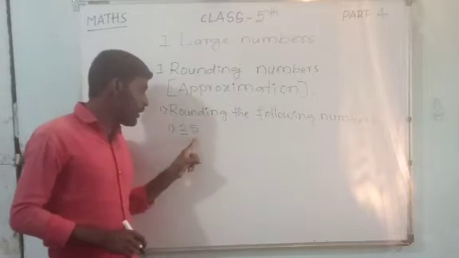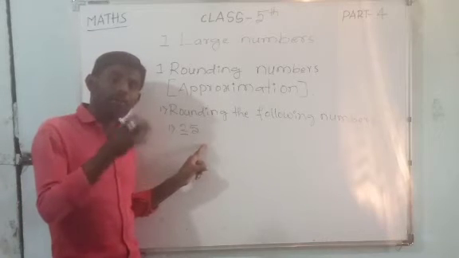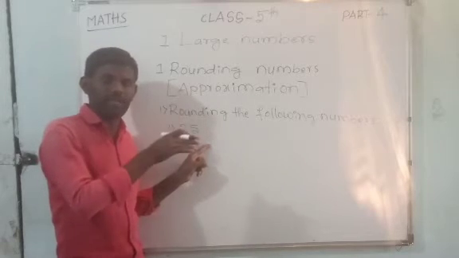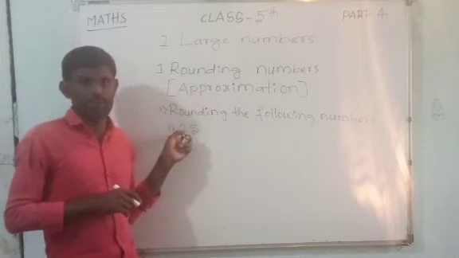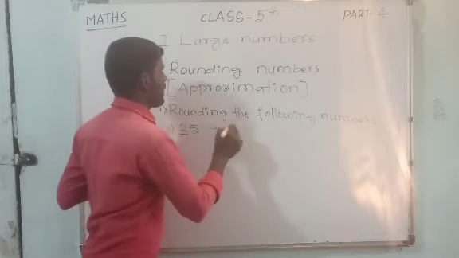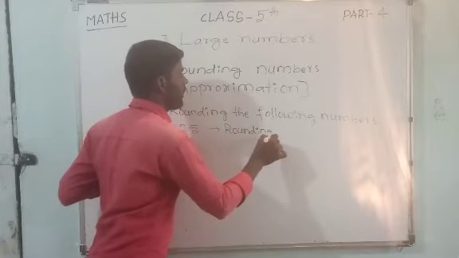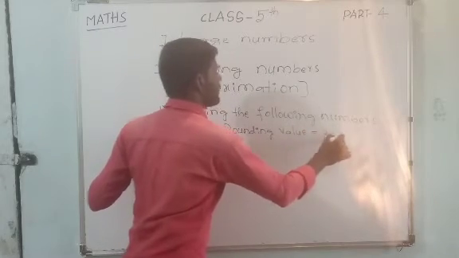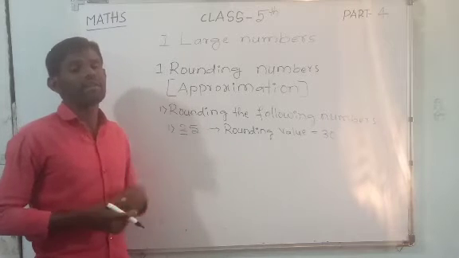If the unit place number is more than 5 or equal to 5, then you should increase one digit in the 10th place value. Now this will become the approximate or rounding value, which is nearly 30, when rounding to the nearest 10.